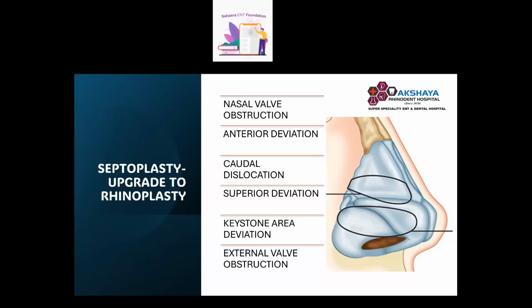These are the scenarios where you can upgrade from septoplasty to rhinoplasty. Don't do only septoplasty when there is something like a caudal dislocation or keystone area deviation. There you may land up in failure, or the patient will come back with the same problem, saying there was no help from the surgery.